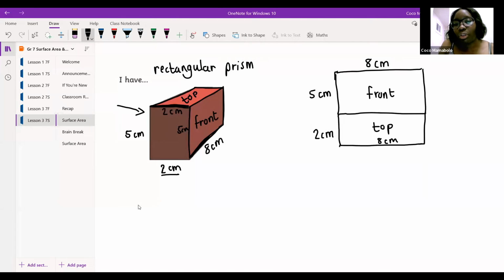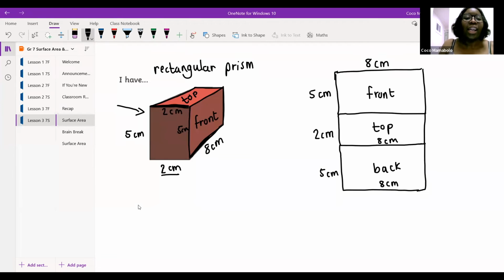So I'm going to draw a rectangle for the back, and the back and the front are going to look exactly the same. My long side is 8 centimeters and my short side is 5 centimeters. Now, guys, I have done the front, the top, and the back.